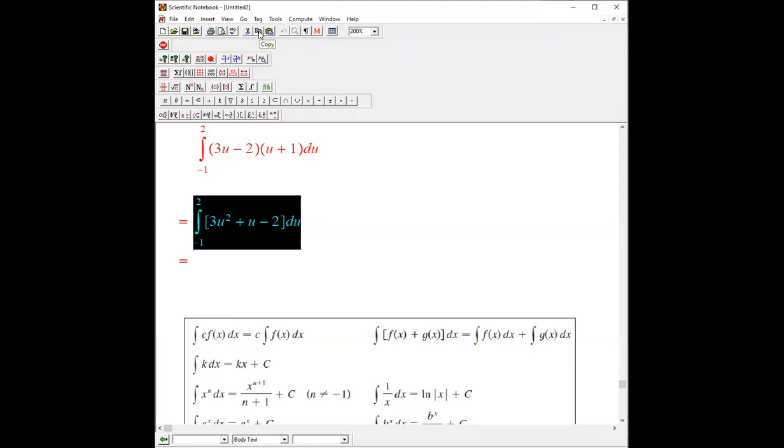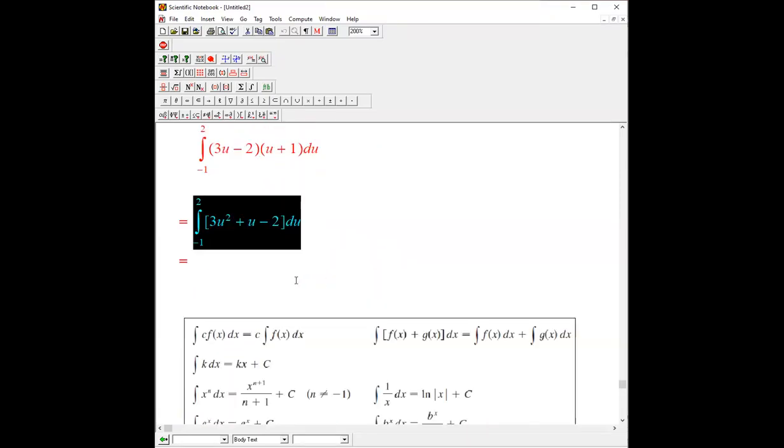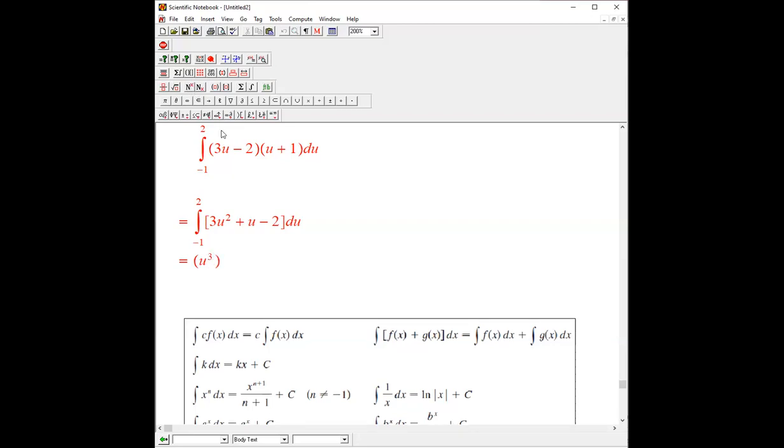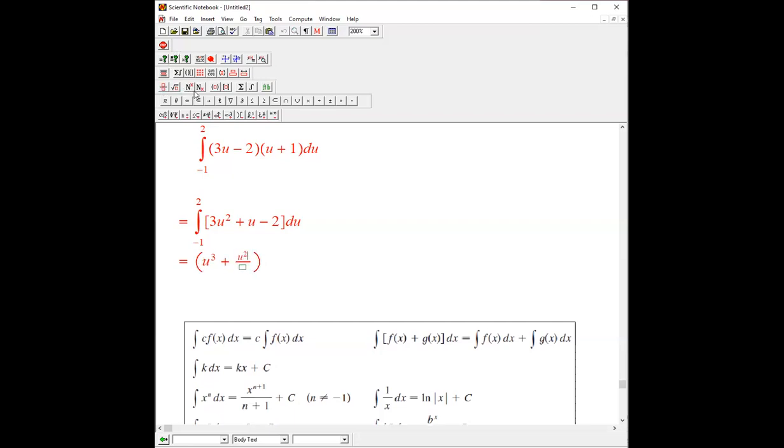I've done this separately before, so let's do this all together. The antiderivative of this entirety of things in the bracket is going to be u to the power 3, right? Plus u squared divided by 2 minus 2u.